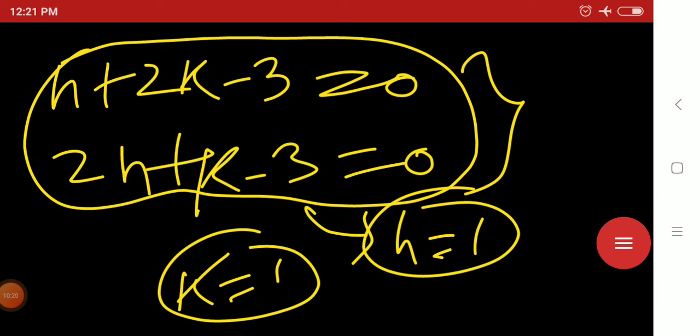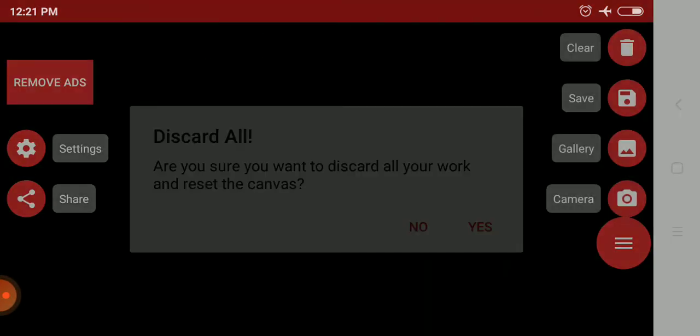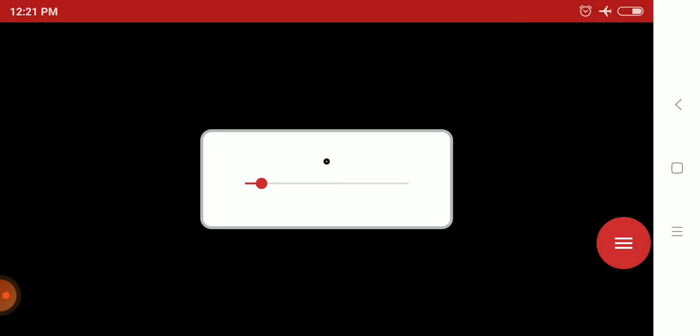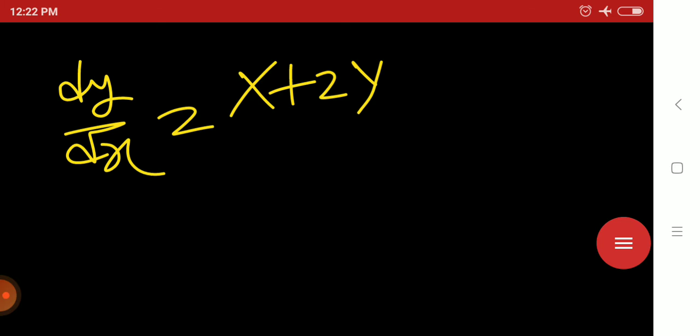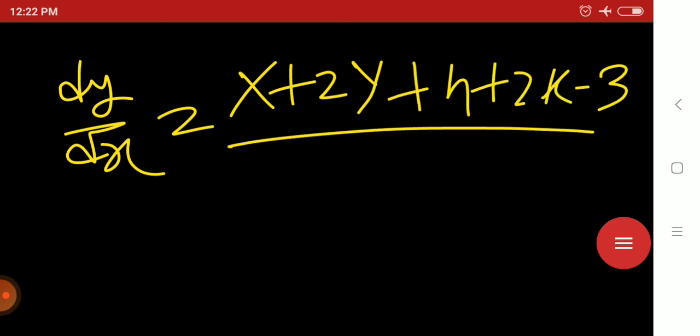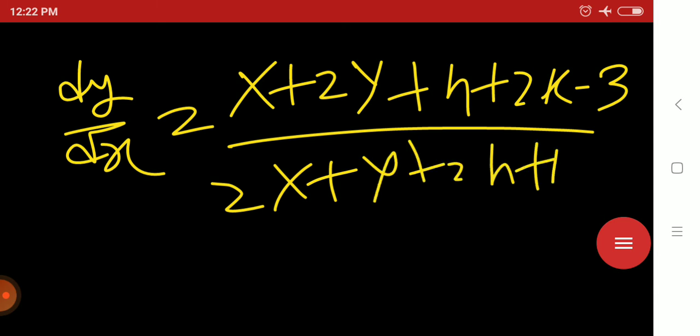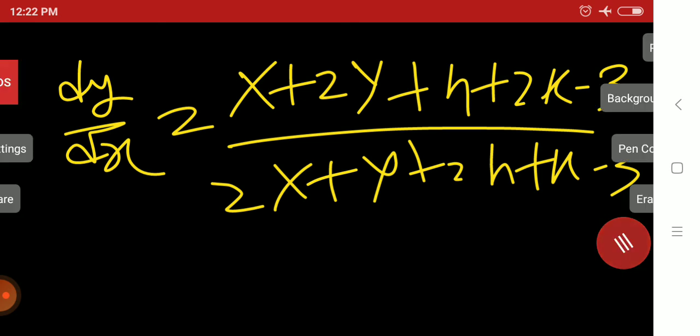Now put this h equals 1, k equals 1 value. You will get dy by dx equals capital X plus 2y plus h plus 2k minus 3 over 2x plus y plus 2h plus k minus 3. Now put h equals 1 and k equals 1.